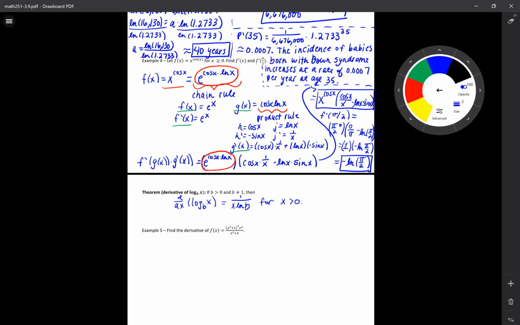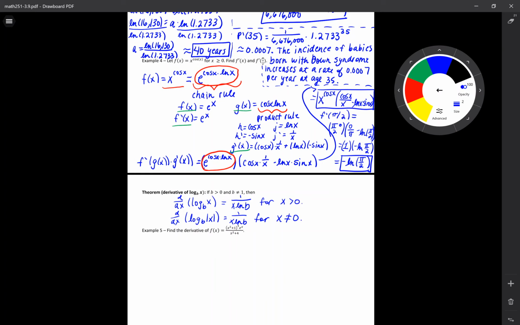And similarly, the derivative of log base b of absolute value of x is equal to 1 over x natural log of b for x not equal to 0. So this is a theorem that tells me how to find the derivative of log base b of x. And this will help us a lot, including in the next example.